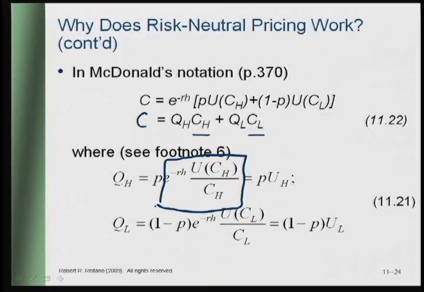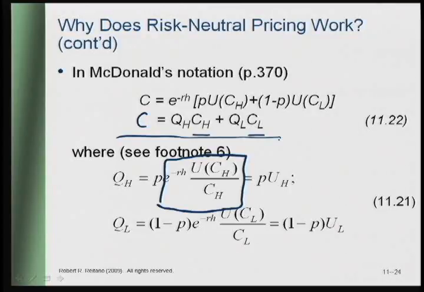And he makes the point that it's the present value of a utility that's average. So what I'm doing here is taking the utility value at CH and dividing by CH, in a sense creating a utility value per dollar of CH. So while the notation that he uses may look a little bit unusual, it's entirely consistent with the more traditional approach to utility theory.